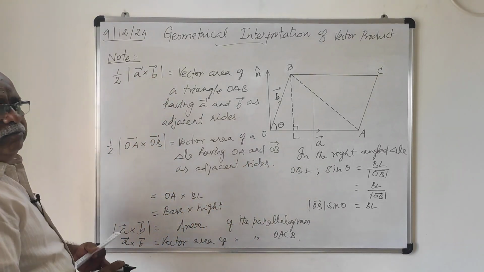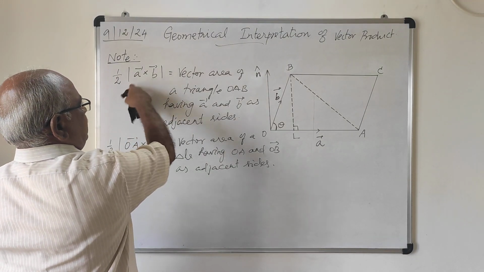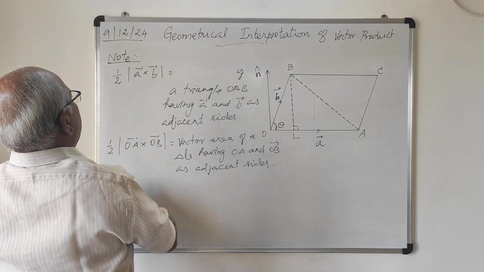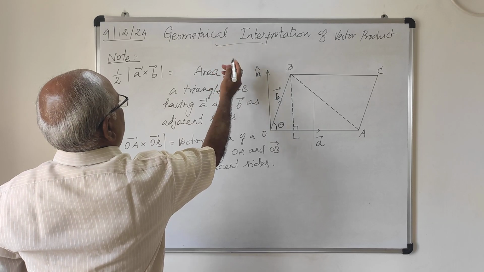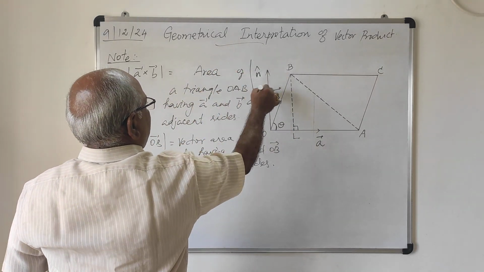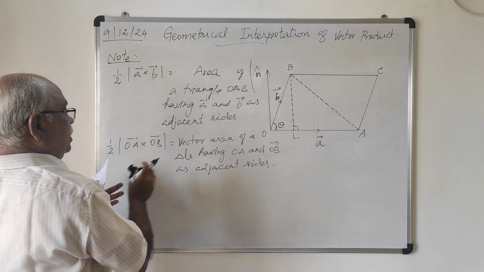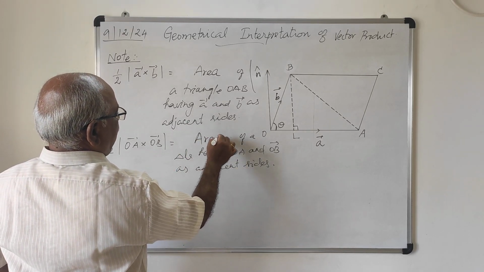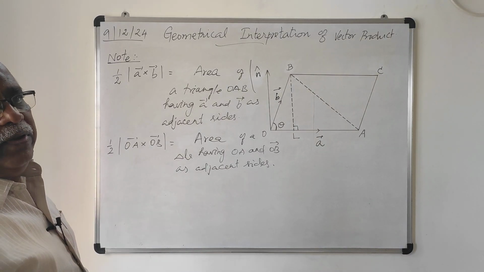Okay, that's all. See, if you put modulus, it is just area, not vector area. I already told you, if mod of A cross B is the area of a triangle OAB having A and B as adjacent sides. Similarly, half of mod of OA cross OB is the area of a triangle, not vector area. If you are not mentioning mod, then it is vector area.